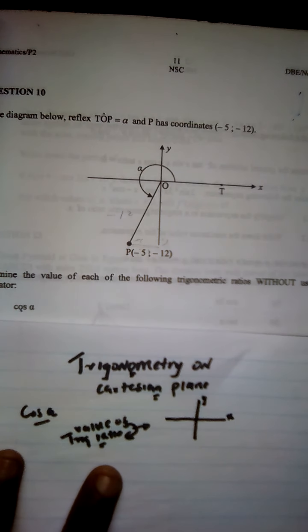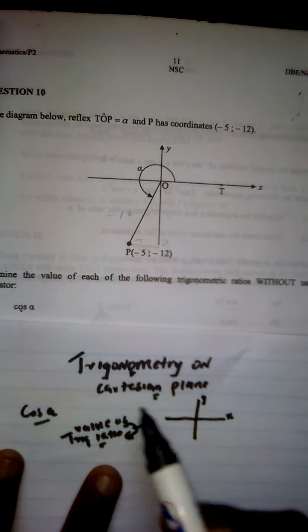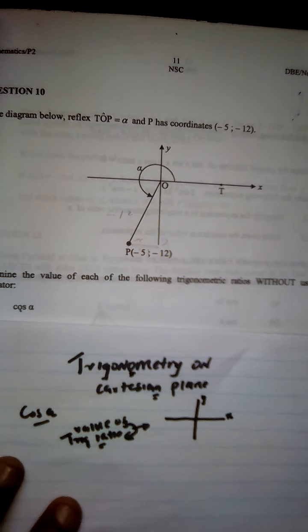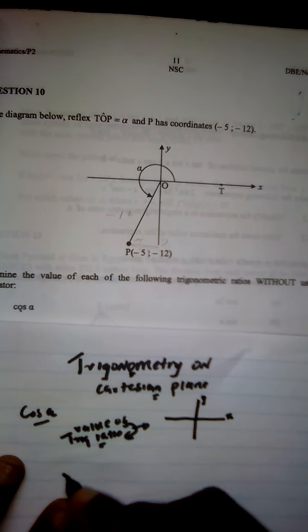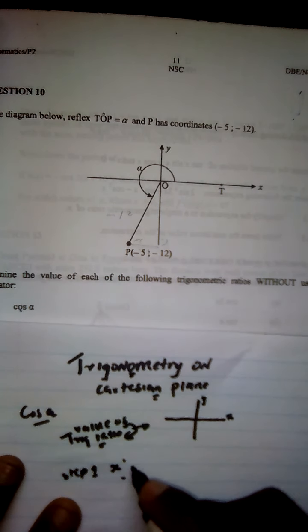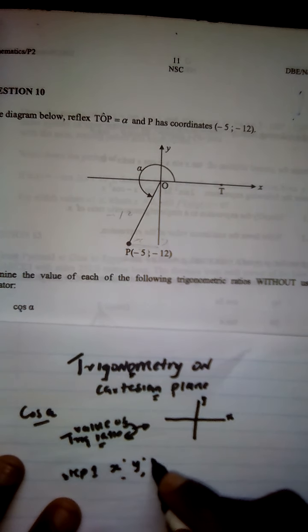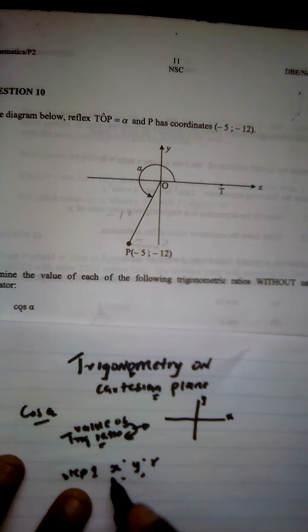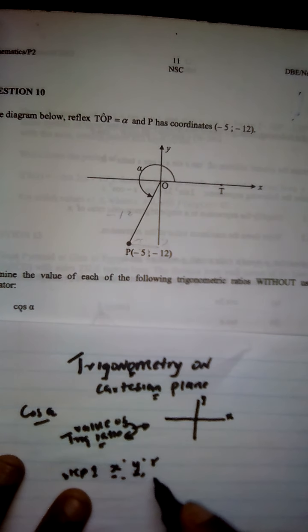Now, with this type of trigonometry, all the time, if it's trigonometry on a Cartesian plane, take this advice of mine: my first step is to determine x, y, and r. Once you realize that you're dealing with trigonometry on a Cartesian plane, you have to determine the value of x, y, and r.